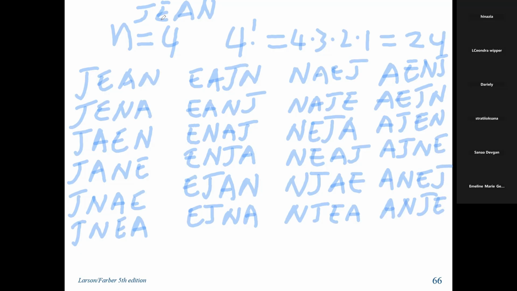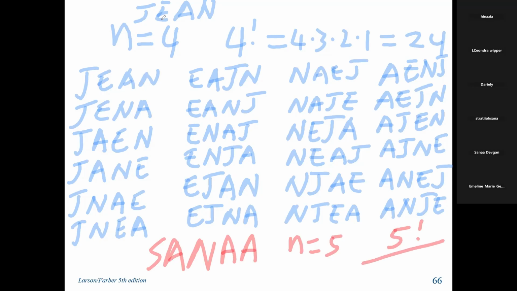Okay? Now, let me see here. If I take the name Sana, see here. Sana is S-A-N-A-A. So here, that's N equals 5. So that will be 5 factorial over 3 factorial.